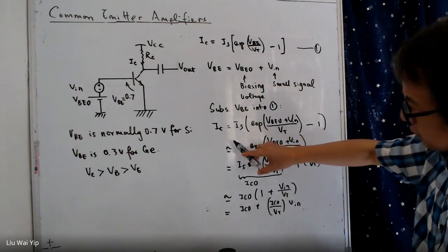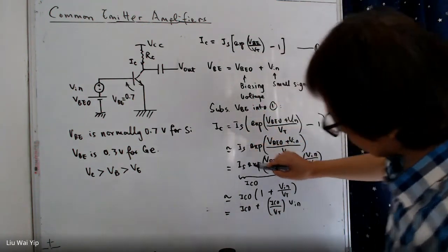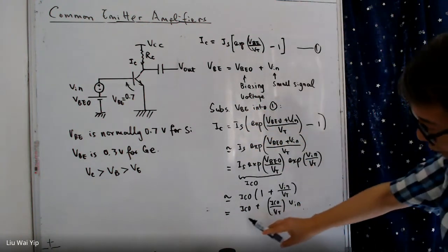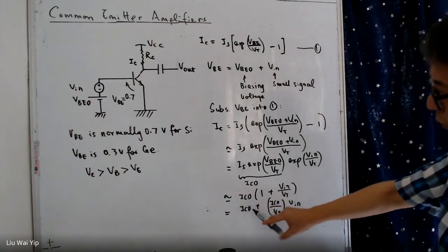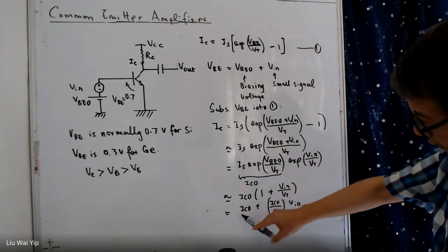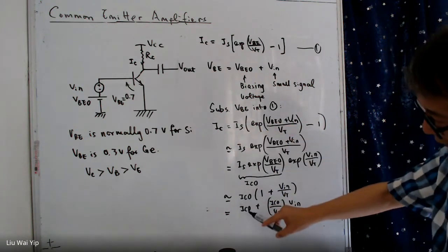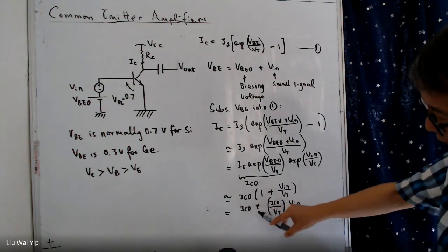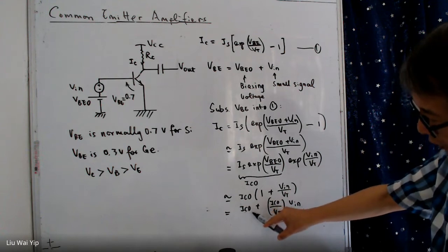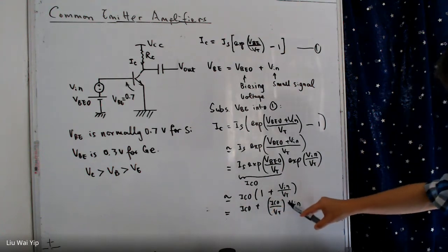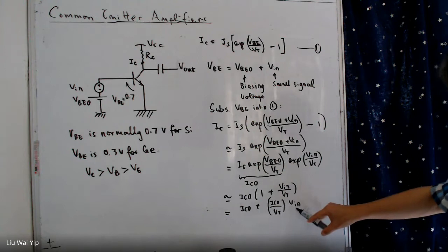After a series of analysis, we end up with an expression for IC. And this expression tells us IC is the combination of two values. One is IC naught, and another one is a scaling factor times Vin.